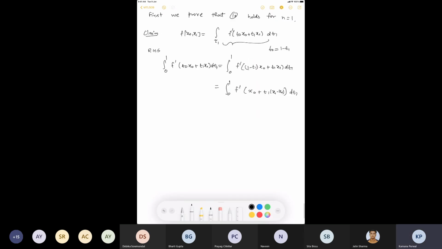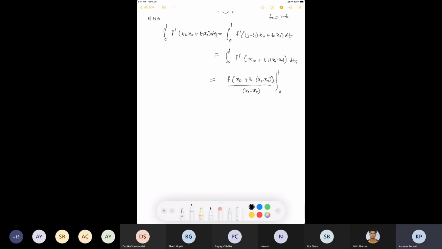So I can simply integrate it. Upon integrating, since we have a derivative here, I will get f of x0 plus t1 times (x1 minus x0), divided by x1 minus x0, because I'm integrating with respect to the variable t1, and the limits are 0 to 1.